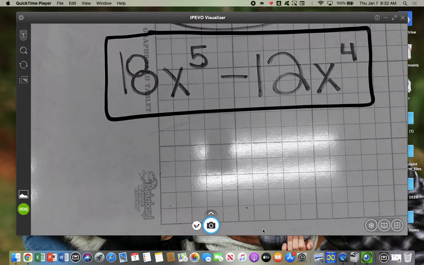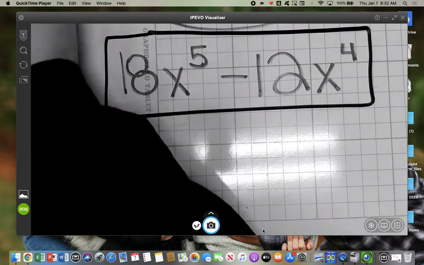Do you guys have any questions on that example? All right, so let's take, I hate using Kleenexes for erasers.